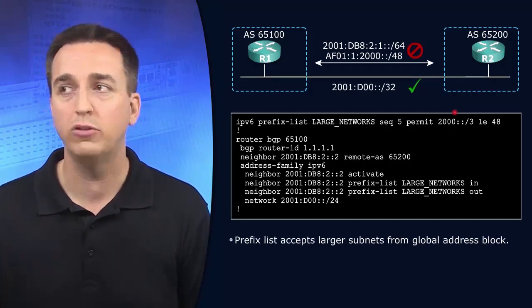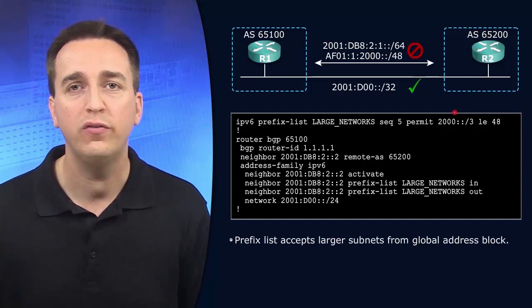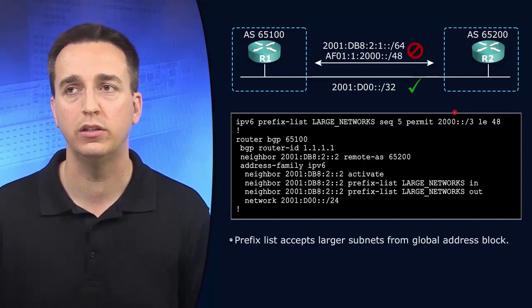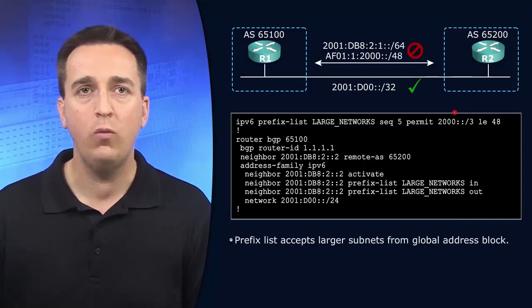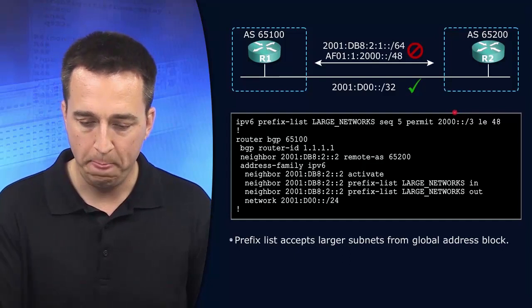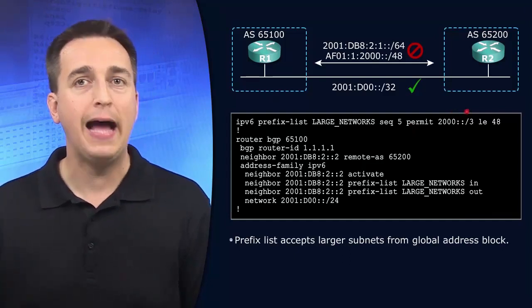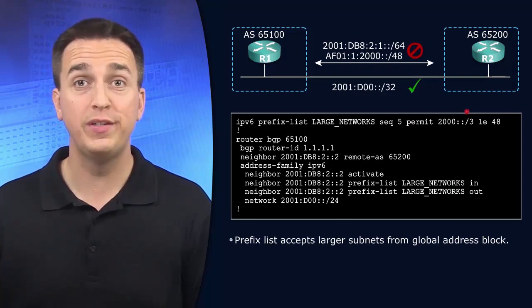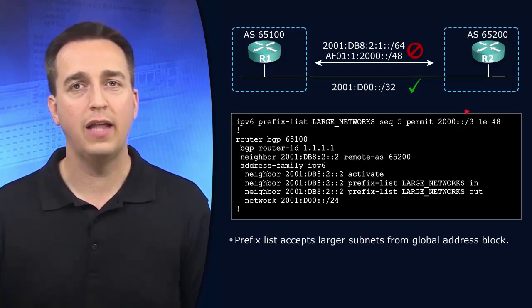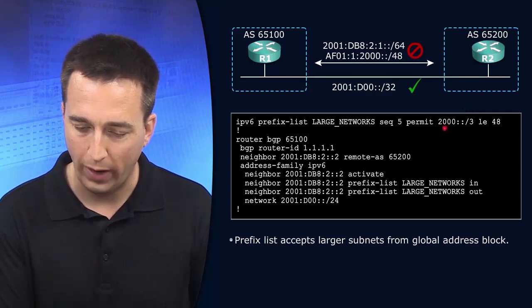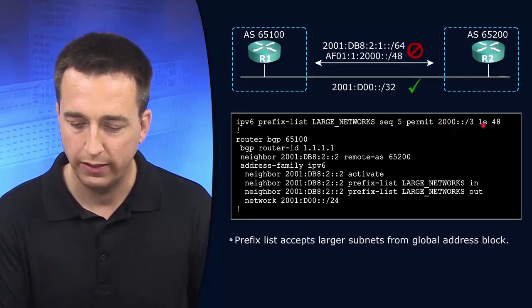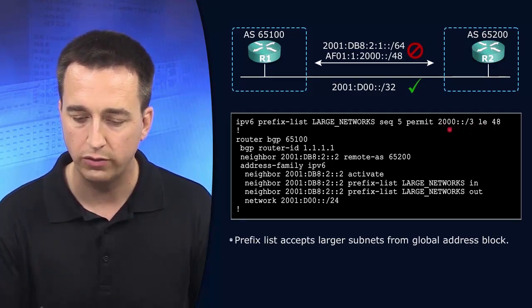That's right, they're handing out /48 prefixes to those large organizations. So right now we are only going to be permitting those networks, those routes that are /48s. But what is the overall range here? Remember, less than or equal to means this is a range of values.